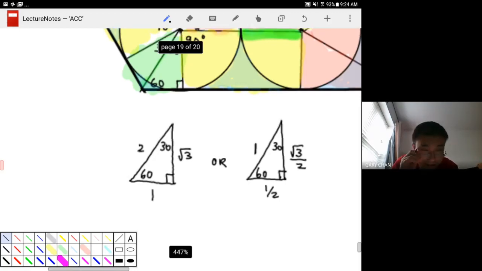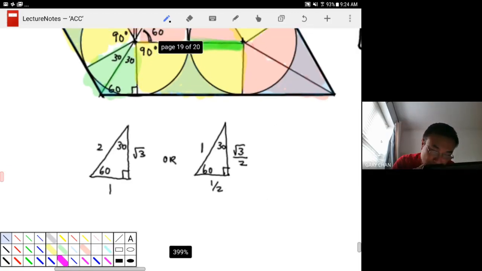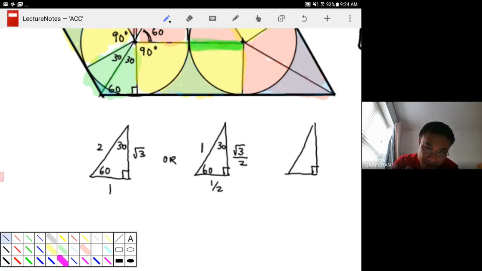All right, so now with that said, we're dealing with the triangle that's in green right now, right? If I'm trying to find out what the area of the green triangle is, at the moment, do I know what the height of the green triangle is?